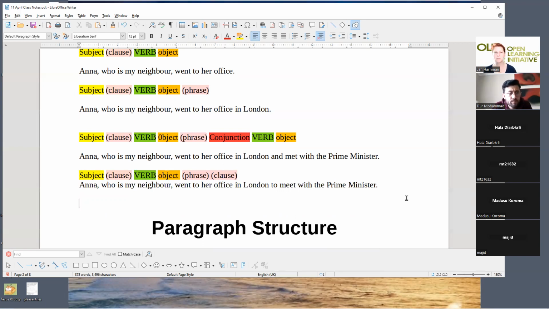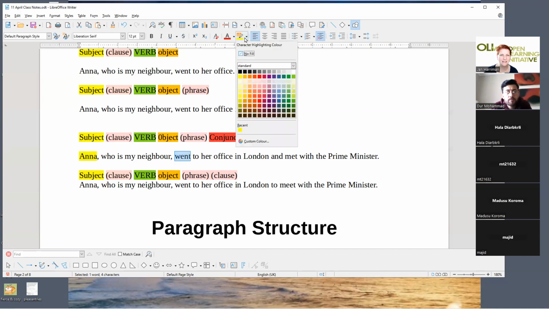And this is what happens. But in each of these, do we still have our core sentence? Yeah. So we've got Anna went to, yes, we still have.